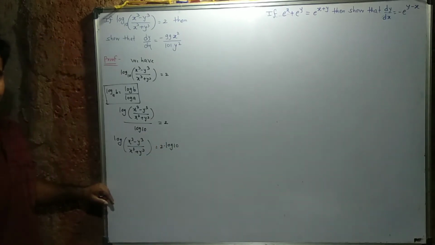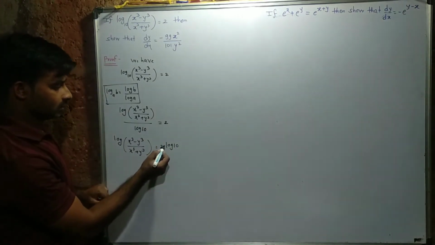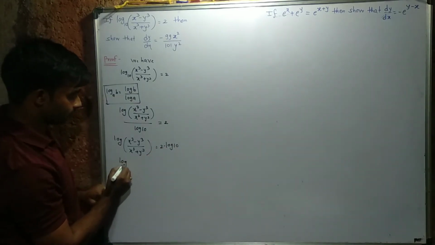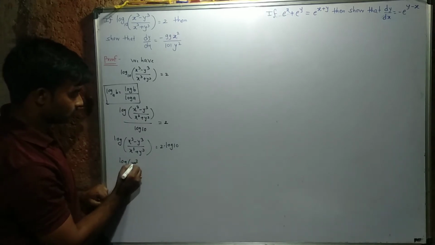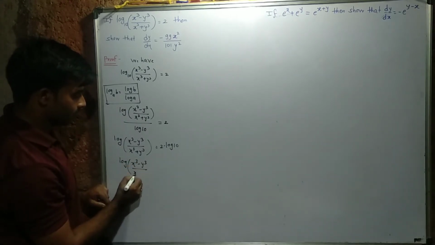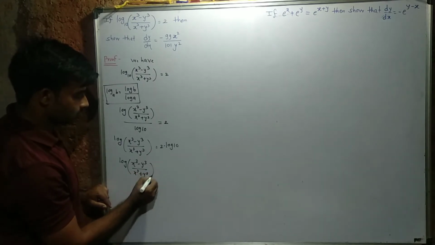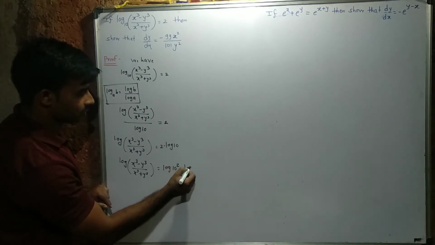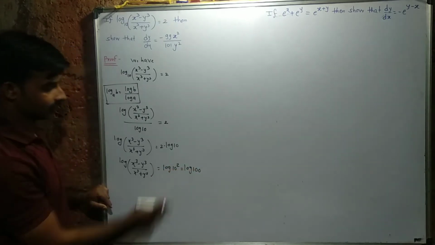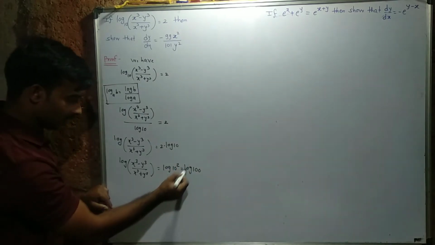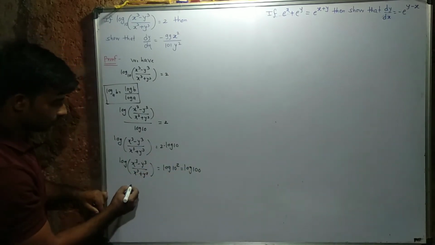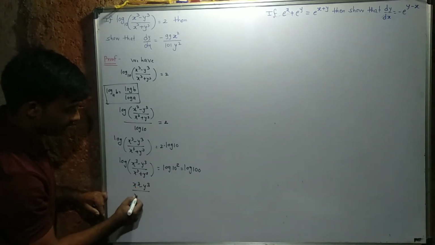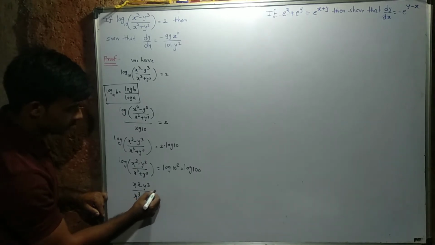Then 2 goes in the index, so we get log of (x cube minus y cube) divided by (x cube plus y cube) is equal to log of 10 raised to 2, that means log of 100. Then we can cancel out the log on both sides. You will get (x cube minus y cube) divided by (x cube plus y cube) is equal to 100.